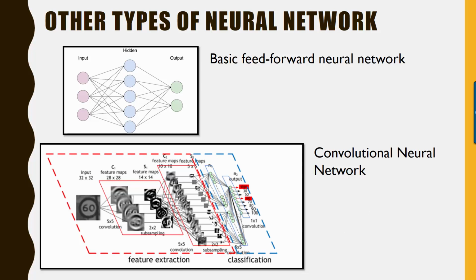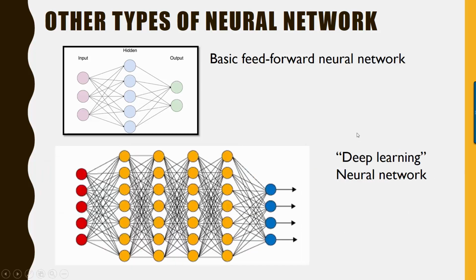And the final one that I wanted to mention is deep learning. Deep learning is kind of the marketing name for a neural network that just has a lot of hidden layers. And that's why it has the word deep there. Mathematically speaking, you could have a deep network with lots and lots of hidden layers.